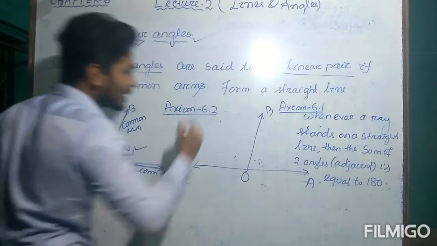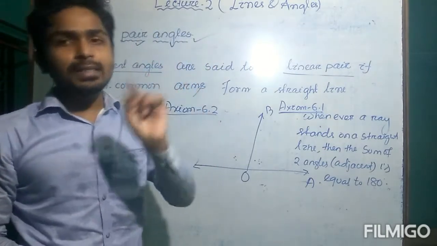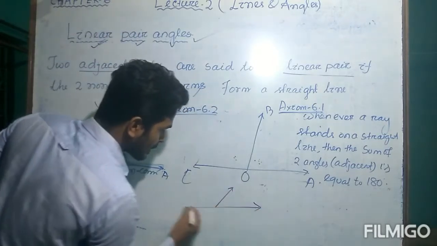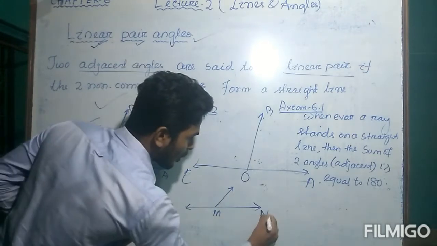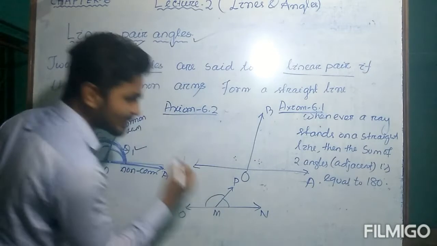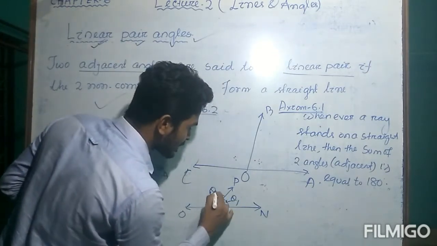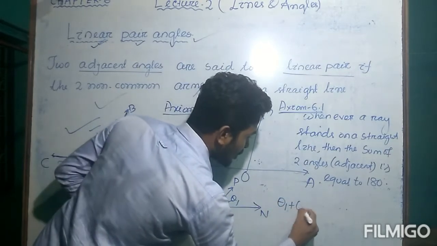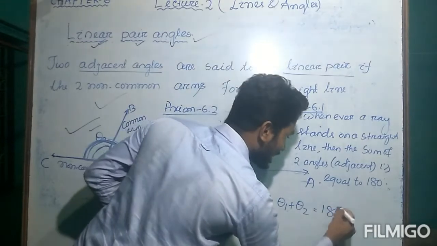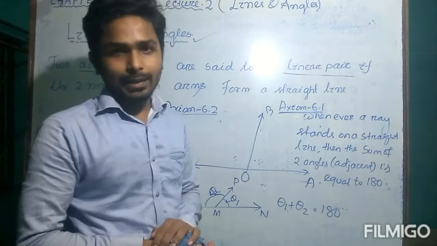What does axiom 6.2 tell you? It tells you that if the sum of two adjacent angles, see, these two angles are adjacent angles, suppose this is theta 1 and this is theta 2, is 180 degrees, then these two angles are known as linear pair angles.